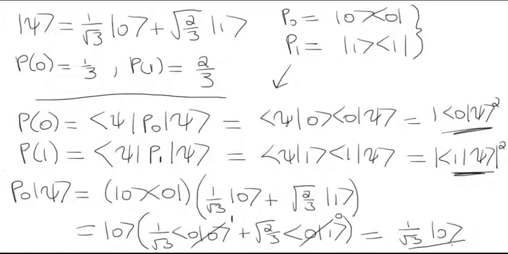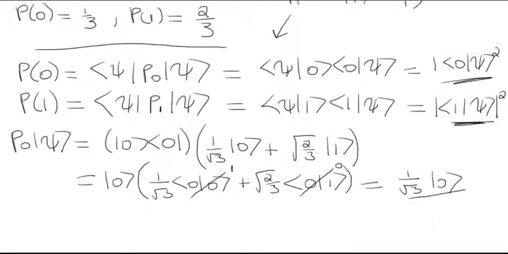So this is the state it gets turned into after projecting using this operator. We've actually calculated this part here. Now what we want to do is act with bra psi onto this part, which is equal to that. So let's calculate that.